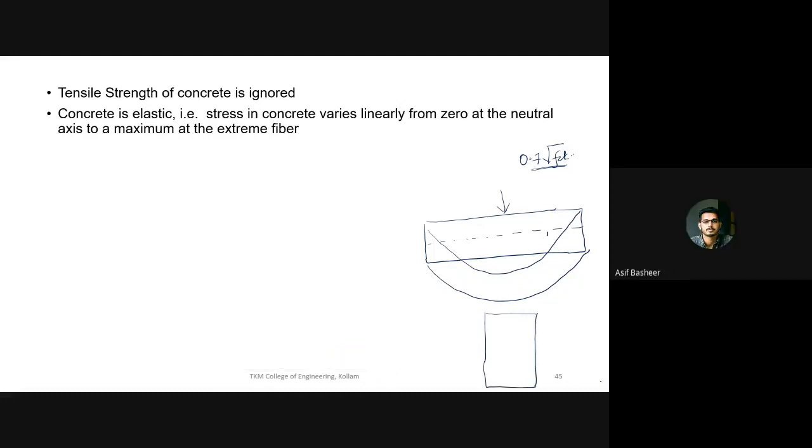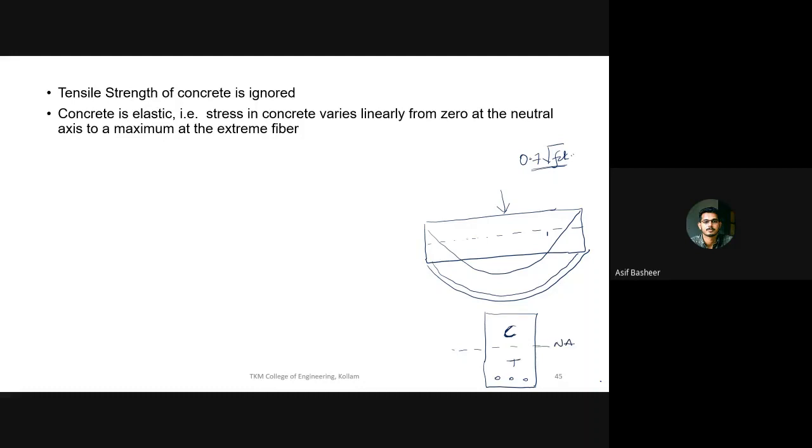If I'm drawing the neutral axis like this, the top area will be completely under compression due to the applied load. And this bottom area, if I'm providing a reinforcement bar like this, will be under tension. This is the neutral axis.